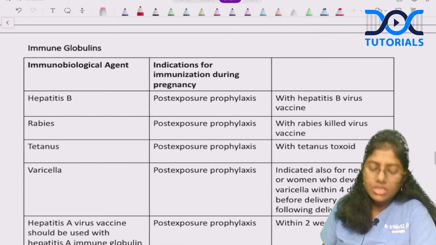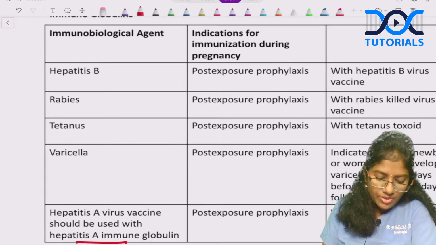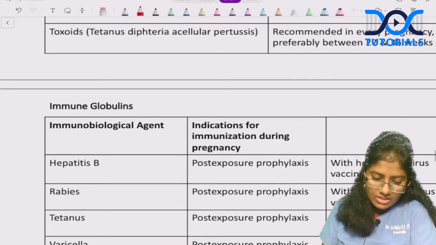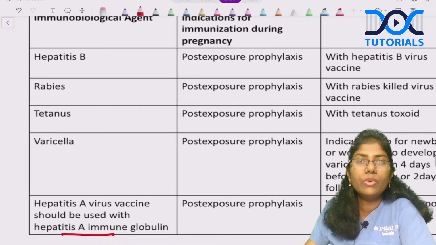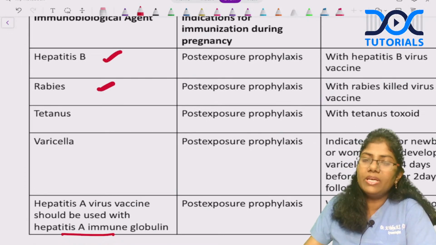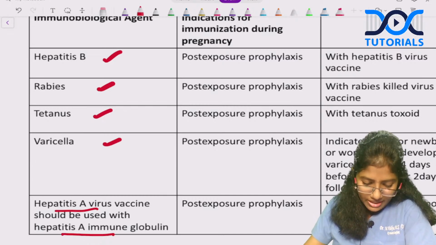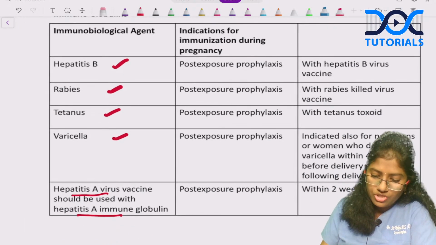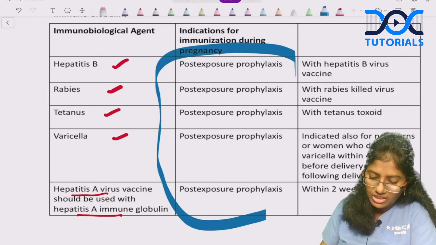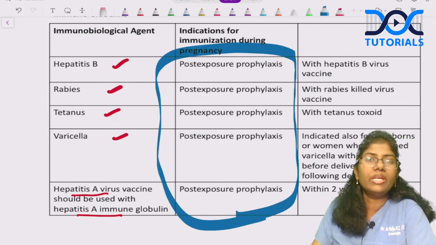Yes, rabies, tetanus, varicella and hepatitis A. Immunoglobulins against hepatitis B, A, rabies, tetanus and varicella can be given during pregnancy. Prophylaxis with immunoglobulin can be given during pregnancy.